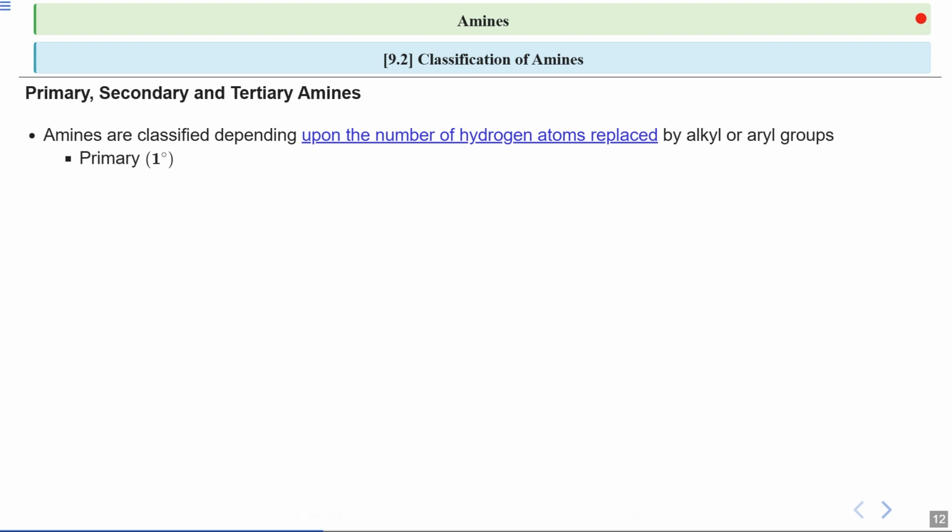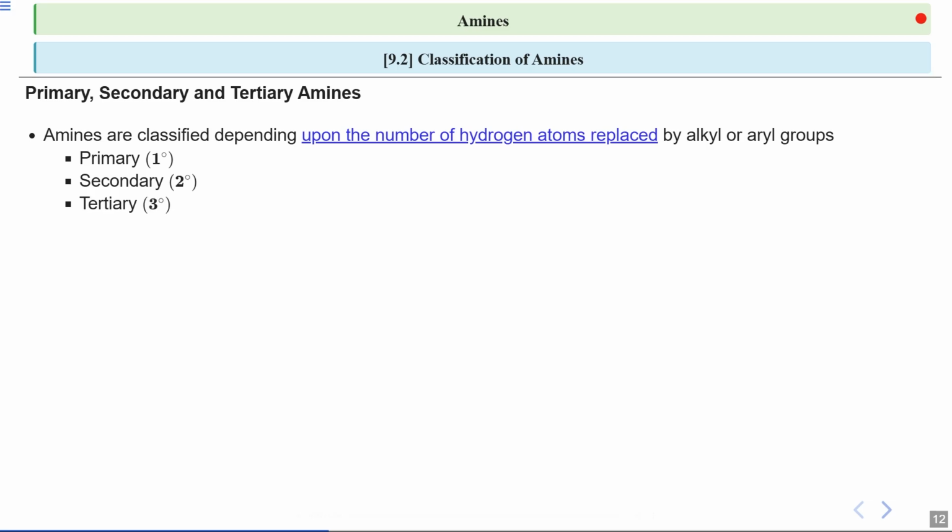get methylamine. If I move towards secondary amines or 2 degree amines, then I think you can guess that 2 hydrogen atoms are replaced by alkyl or aryl groups. Okay, so if I replace 2 hydrogen atoms in ammonia by 2 methyl groups, I will get dimethylamine.